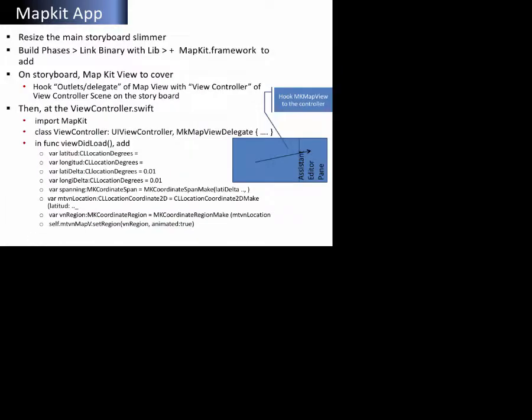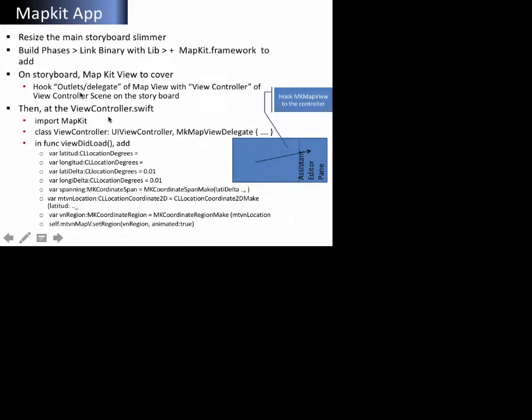So how can you make it? By default, map kit is not provided, so you need to include that map kit. How can you include it? You need to select build phases, and then there is link binary with libraries, and there's a plus sign, and then find the map-kit framework.